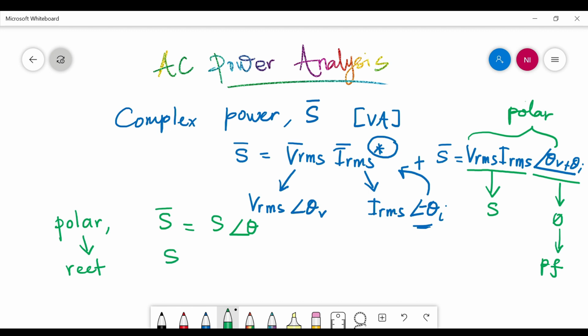If you have polar form, you have the rectangular form. In rectangular form, you have other powers: P plus jQ. This P is average power or real power or constant power. So now what is Q? This Q is reactive power. The unit is VAR.